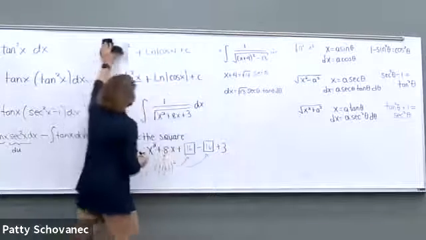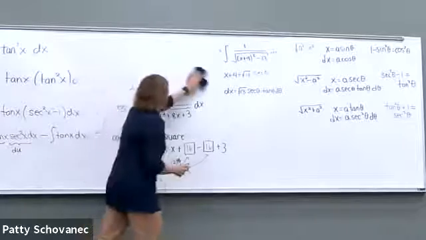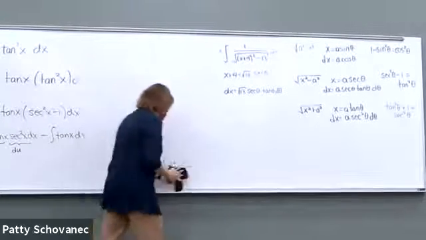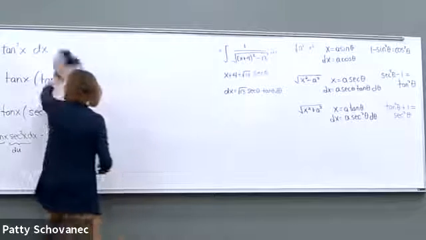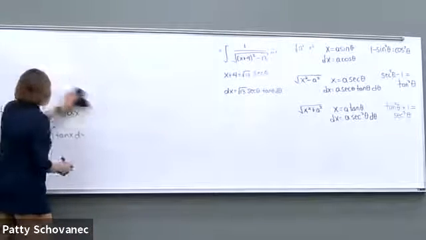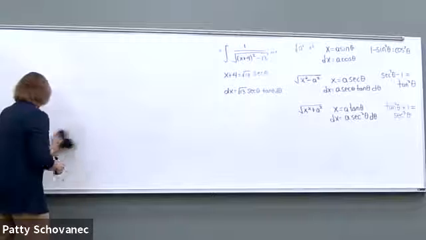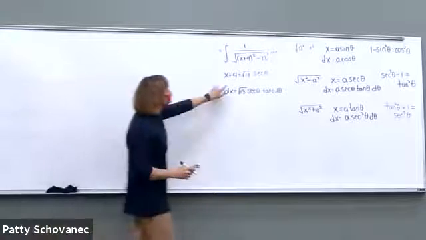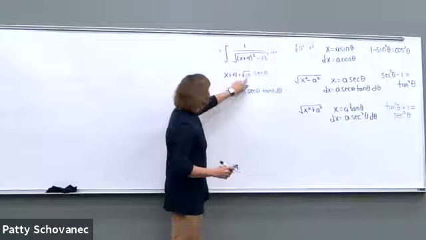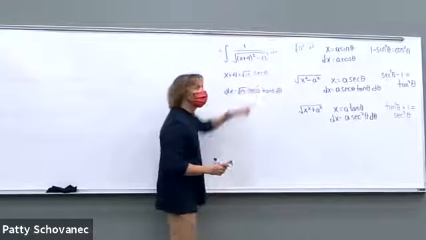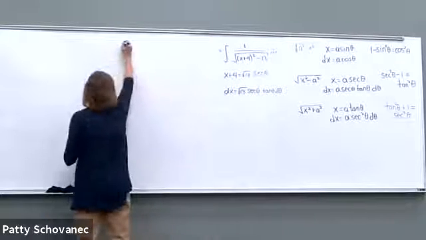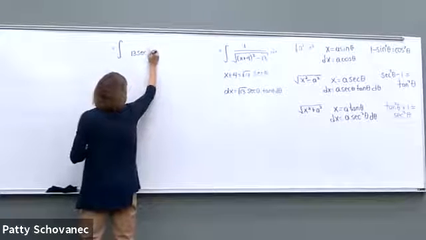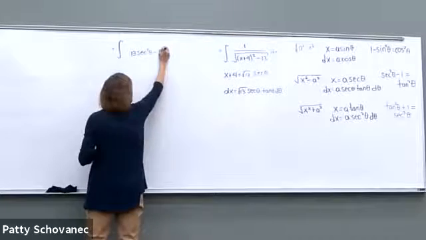Now let's substitute that in and see what it looks like. So x plus 4 all squared is going to be 13 secant squared. Then I have the minus 13 in the radical sign.